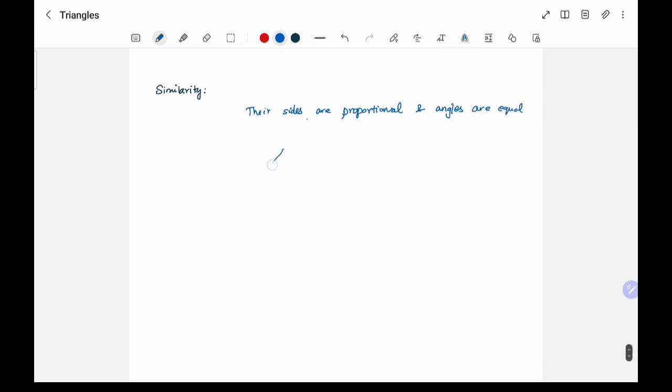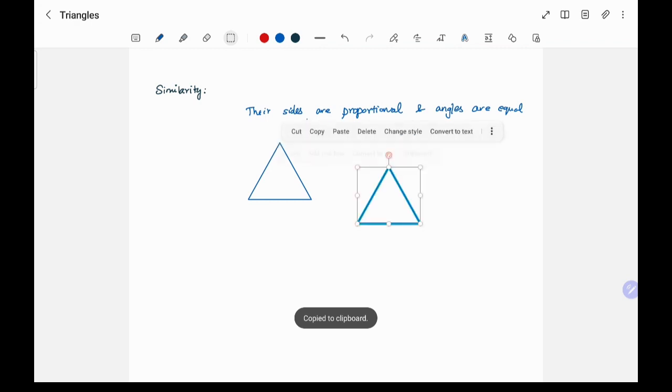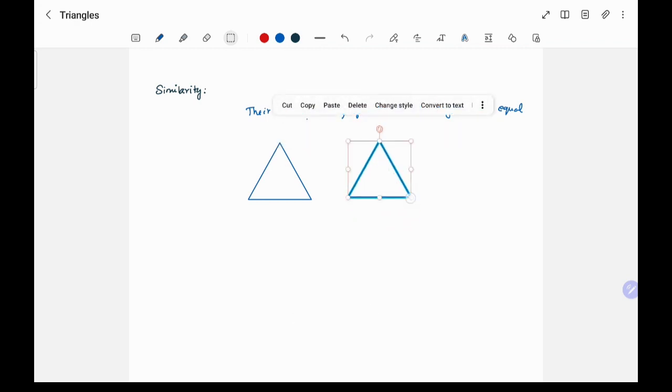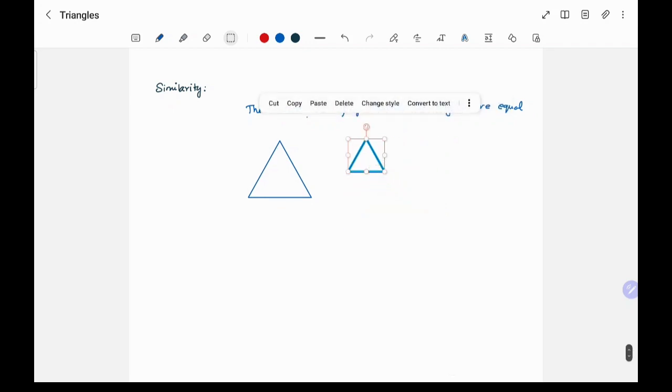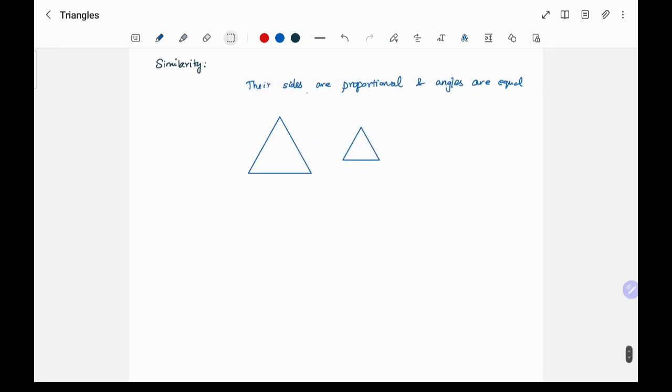It is similar to saying you take a triangle and, without changing any dimension, just scale it up or down. Then these two triangles are said to be similar. You are just scaling the triangle, either bigger or smaller.